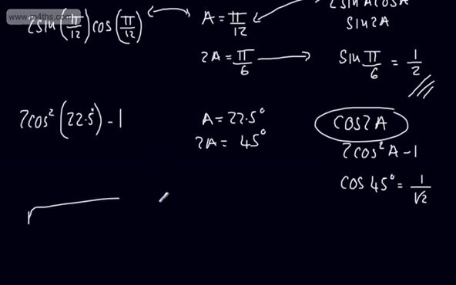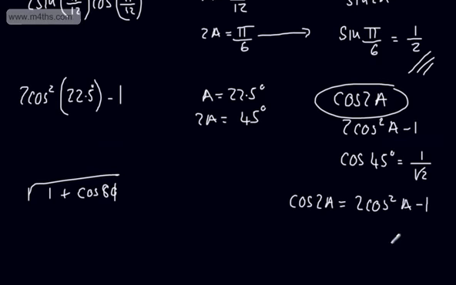Let's say we had now the square root of 1 plus, and then we had, let's go for cos of 8 theta. Okay, so what does this look like? Well, looking at our double angle identities, we could write that cos of 2a is equal to now 2 cos squared a minus 1. Okay, so let's see what I could do with this.